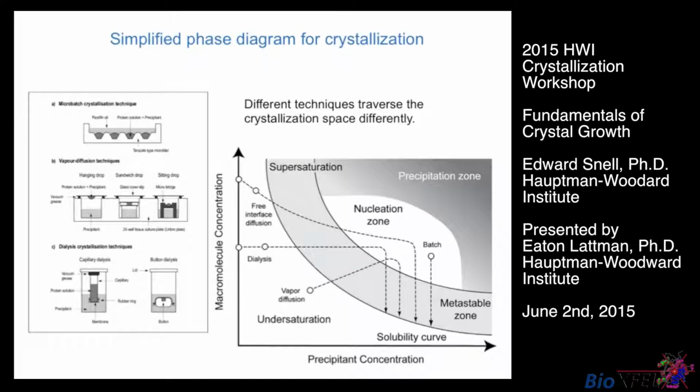This is Eddie's picture of, again, how these various experiments will produce, ideally, a crystallization of crystal. And again, if you follow dialysis along, the precipitant concentration rises. It gets to a point here where in the nucleation zone, it forms, and the macromolecular concentration declines.